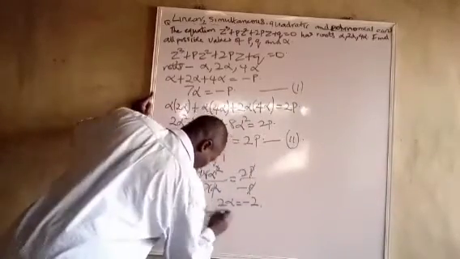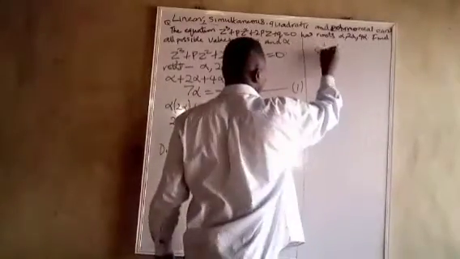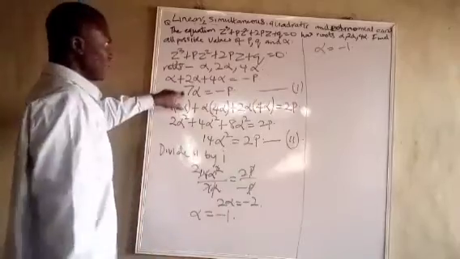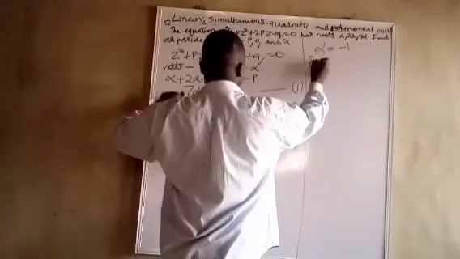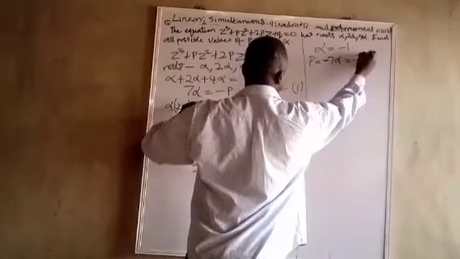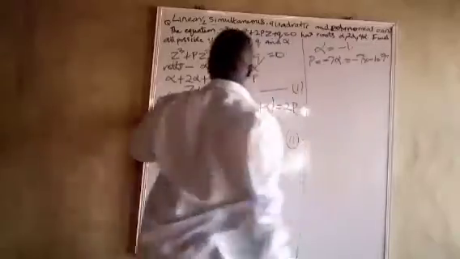Alpha will be equal to minus 1. So I got an alpha. Now I can get p. p is equal to minus 7 alpha, which is minus 7 times minus 1. That is 7. p is 7.